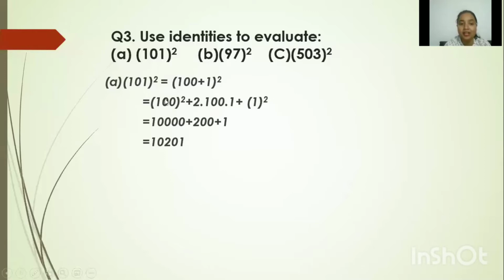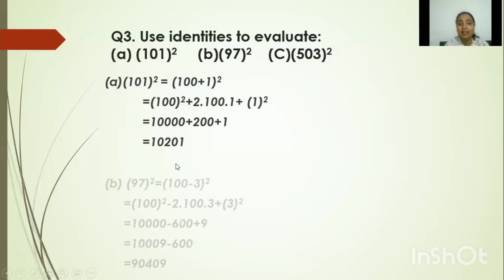Simply see, to square 100 is very easy. You have to add 2 more zeros as per the power. So 100 squared, as per the power, 2 zeros come. Now 2 multiplied by 100 is 200, and 1. Just add them up and you are ready with the answer. It's really quick and easy.